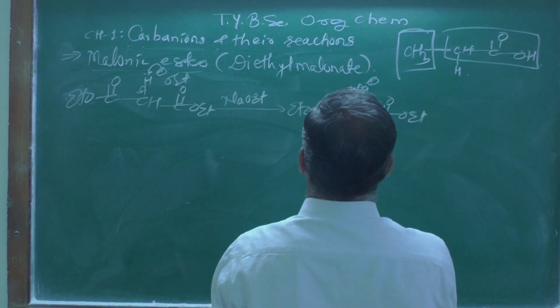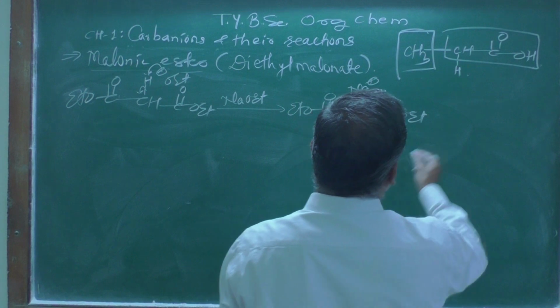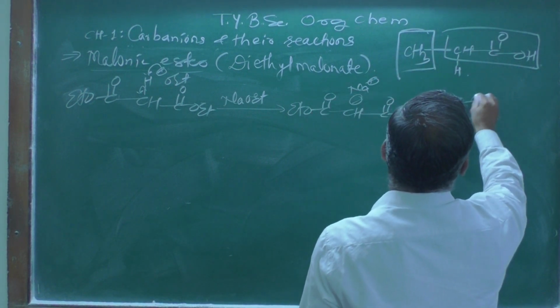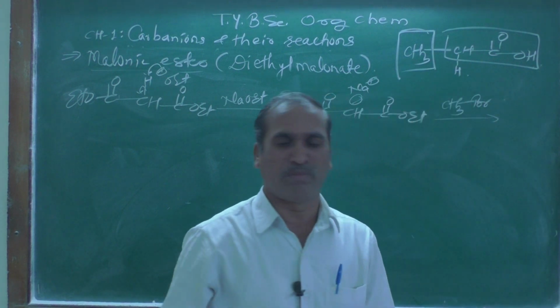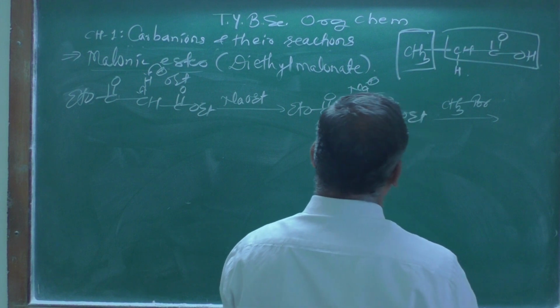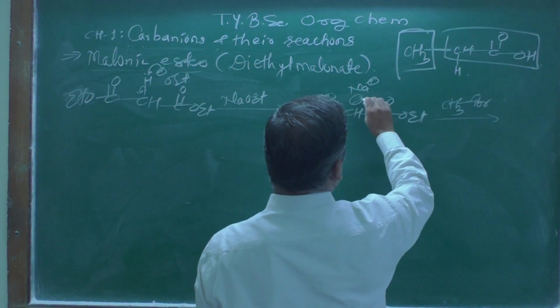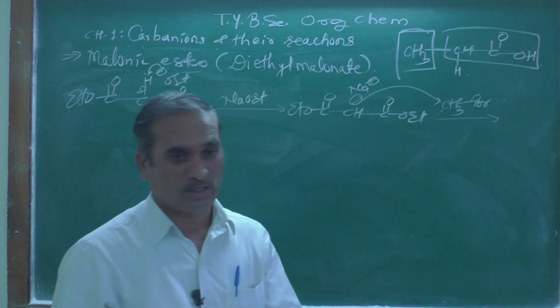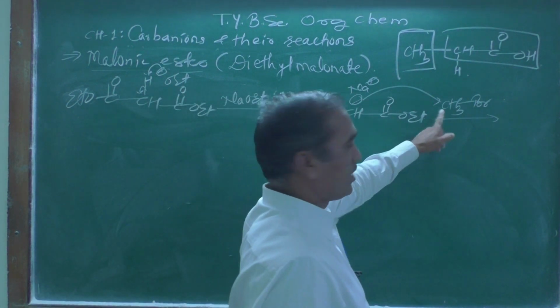Now, another method. We are treating this with methyl bromide, methyl iodide, methyl chloride or methyl fluoride, whatever you like. Now this negative charge is attacking because that carbon atom is electrophilic in nature.